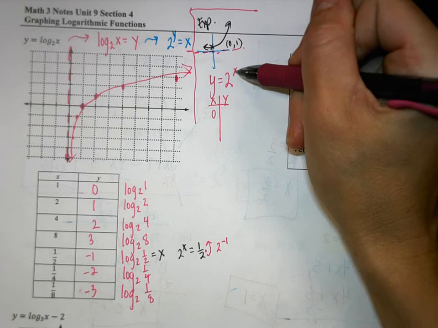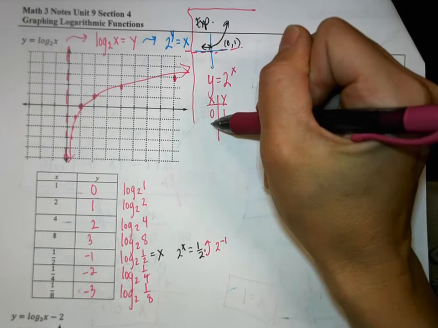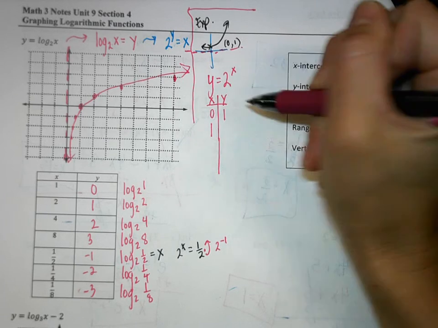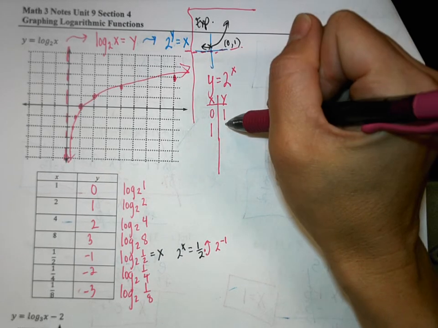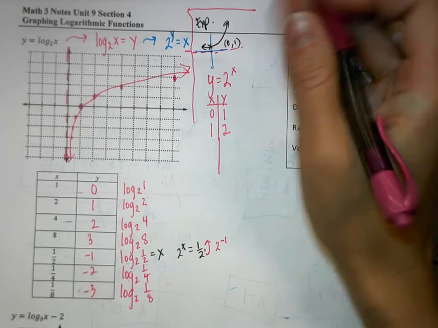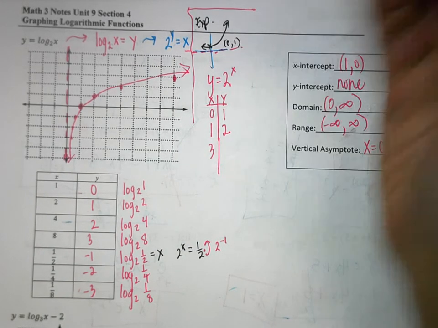So I plugged in 0 and I got 1. And I plugged in 1 and I got 2. And if I plugged in 3 for x, I got 8.